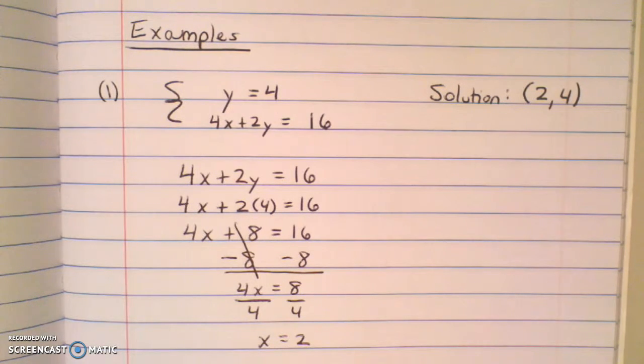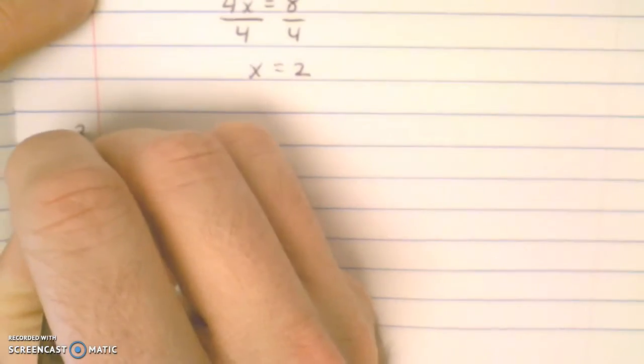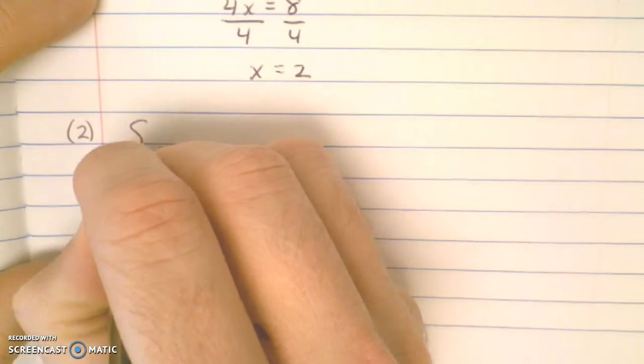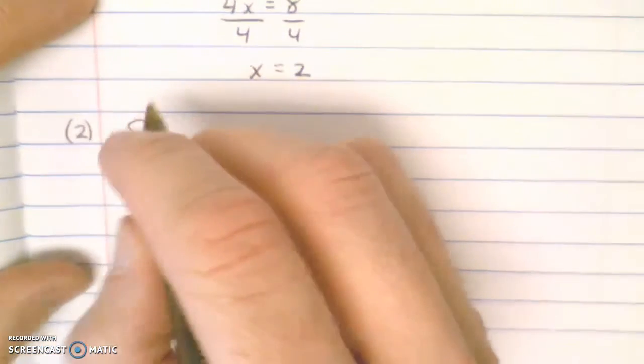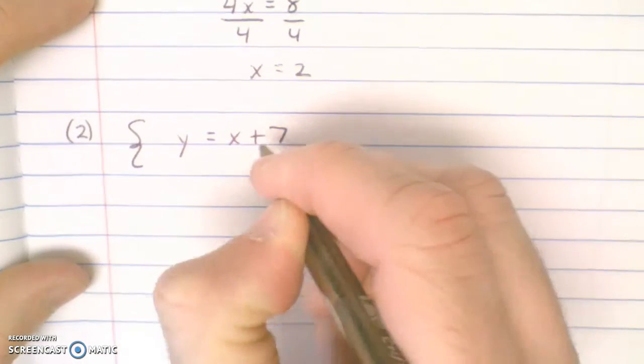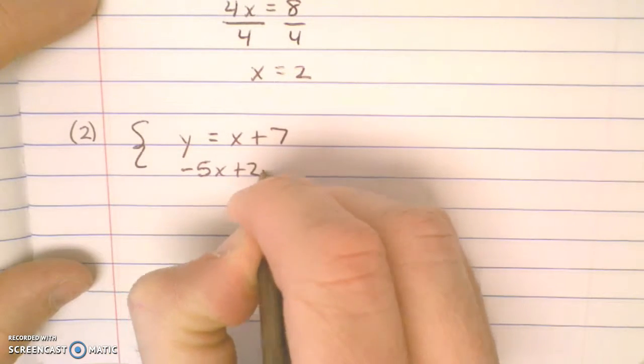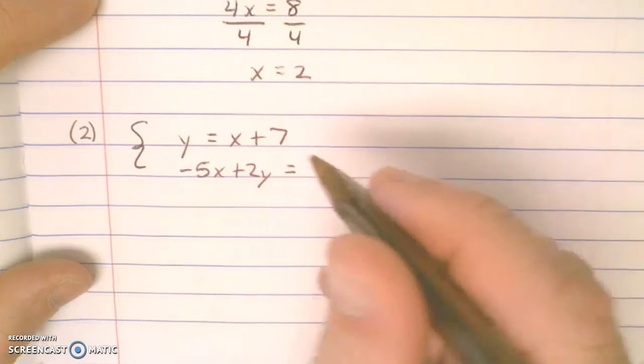Let's take a look at a little bit harder of an example. Okay, so let's say I gave you this as our system of equations. y equals x plus 7 and negative 5x plus 2y equals 17.